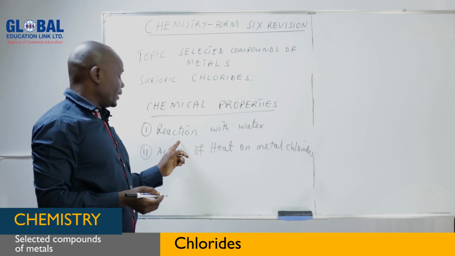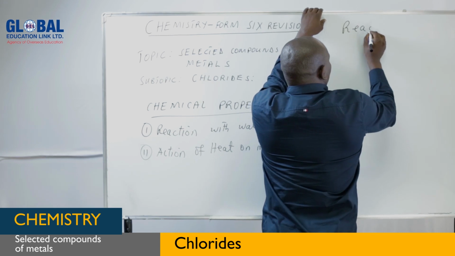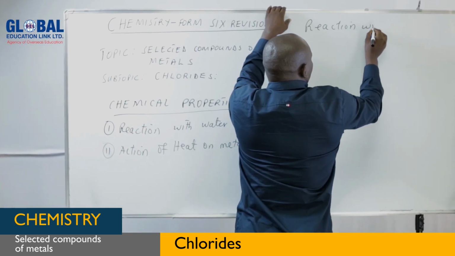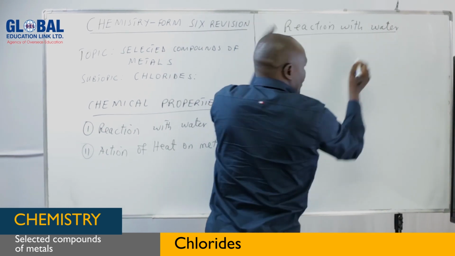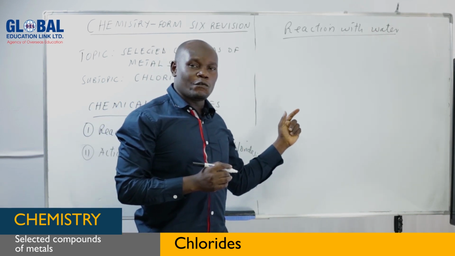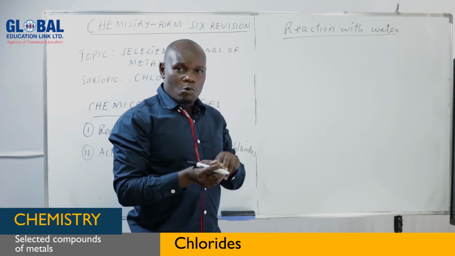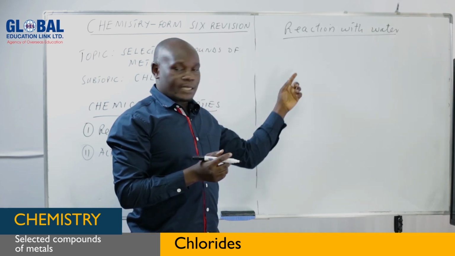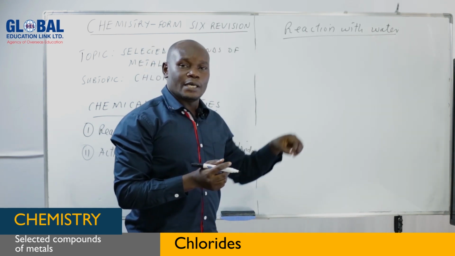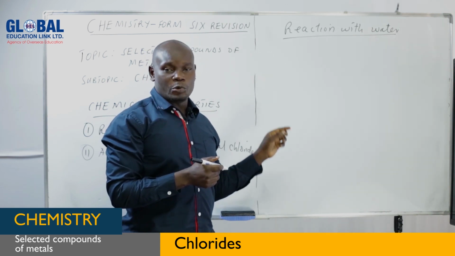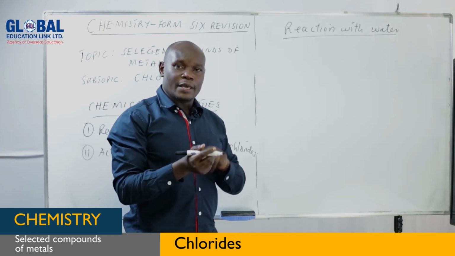Now, let us consider the reaction of metal chlorides with water. Here normally the reaction of the metal chlorides of sodium and magnesium with the water does not take place. What happens is that the metal chlorides dissociate into their respective ions. So no reaction between water and the metal chlorides of sodium and magnesium.